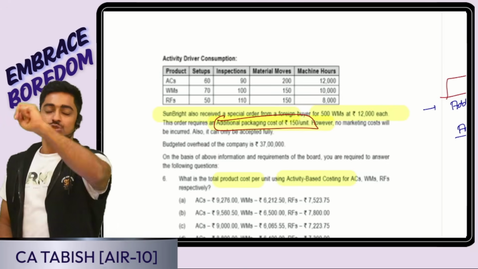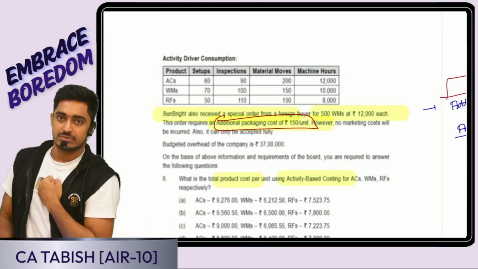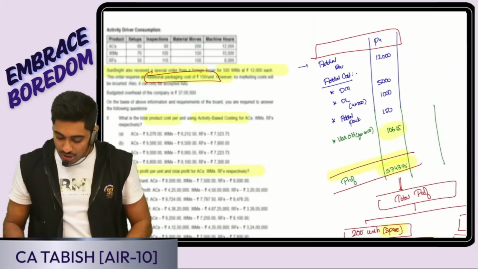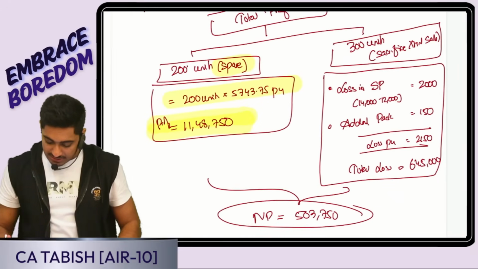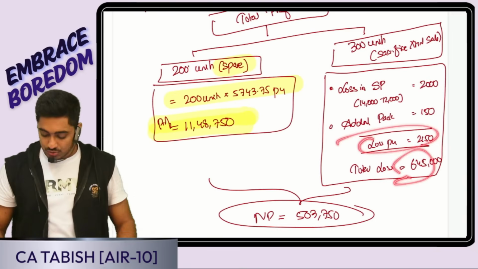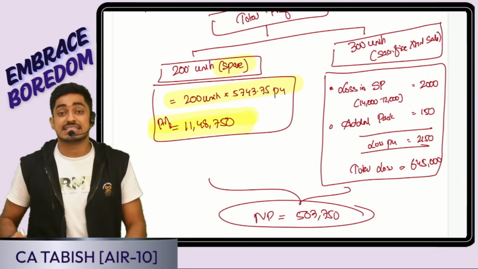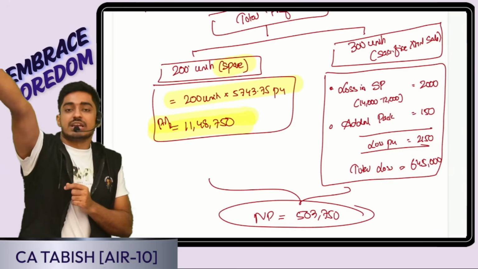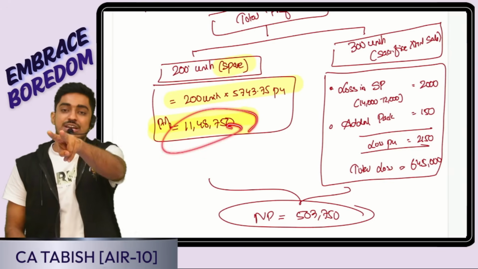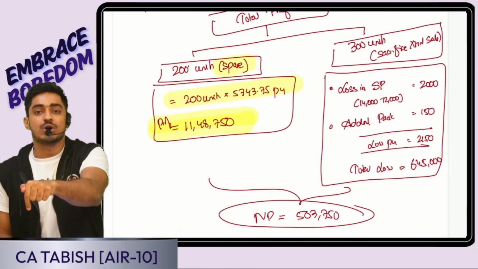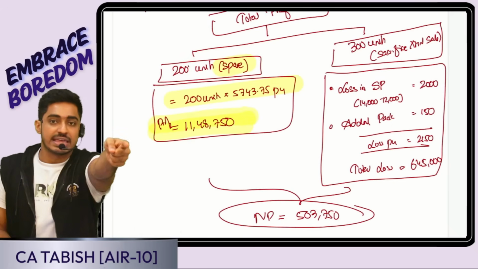Sir, I am receiving 2,000 less on selling price. That is my loss 1. Loss number 2, extra packaging I have to do, 150. That means for one washing machine I'll have a 2,150 loss. Yes or no, everyone? How many washing machines do I have? 300. So 2,150 into 300, I'll have a loss of 6,45,000 also. So if I accept the foreign customer's order, for 200 washing machines spare capacity was there, and in that I'll be getting profit. But for 300 washing machines, instead of selling locally, I have to sell outside.